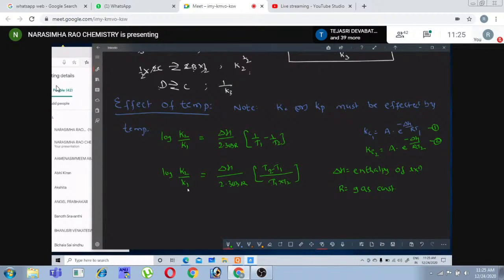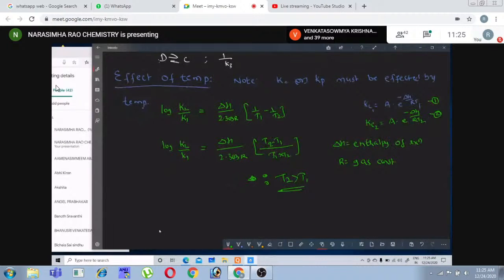Kc is the equilibrium constant. K1 is the equilibrium constant at T1 temperature, K2 is the equilibrium constant at T2 temperature. Reminder, T2 is greater than T1.